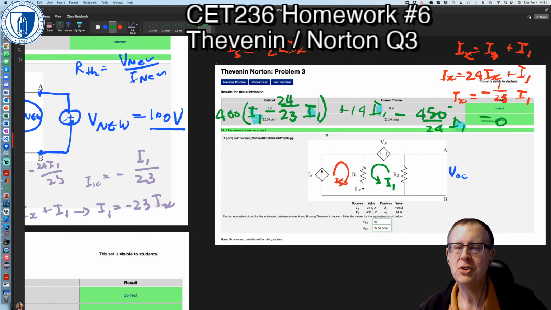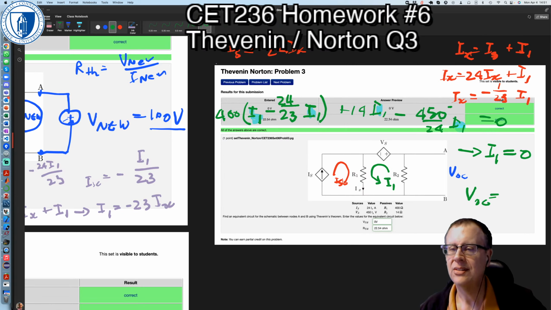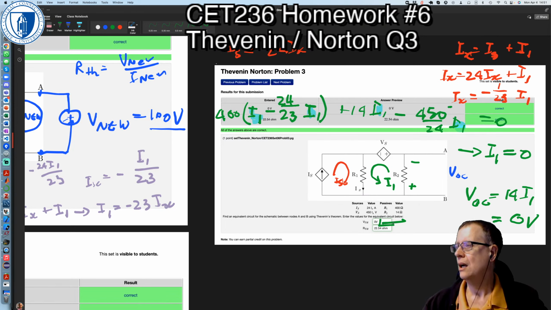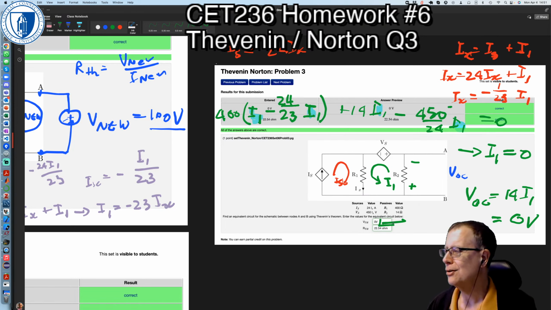We've just got a coefficient times I1, so that implies that I1 equals 0, which is the current, and then the open circuit voltage is just going to be R2, which is 14 times I1, which is going to be 0 volts. It doesn't really matter which way we go around because the answer is 0. Okay, that one was a bit more complicated than I thought because I made a mistake the first time I tried to do this.